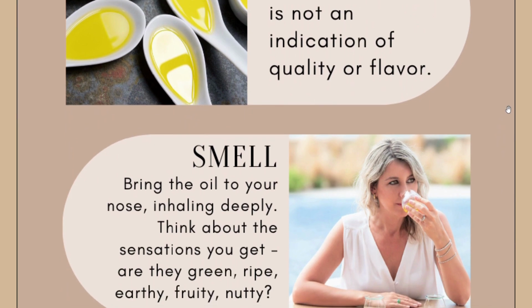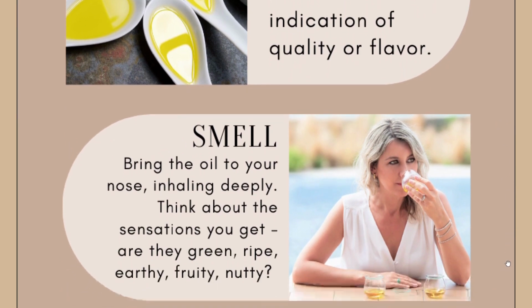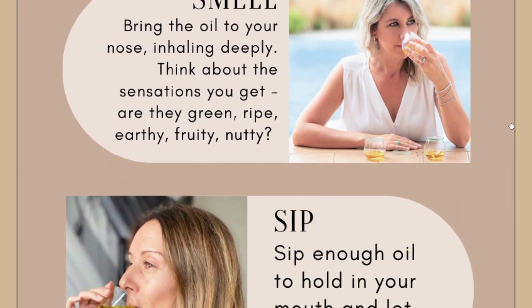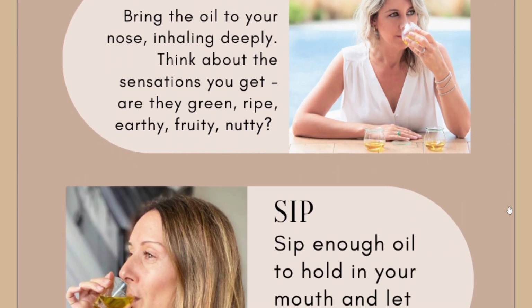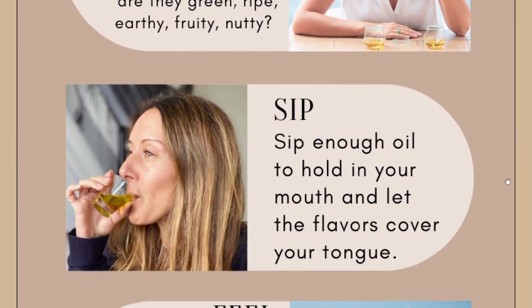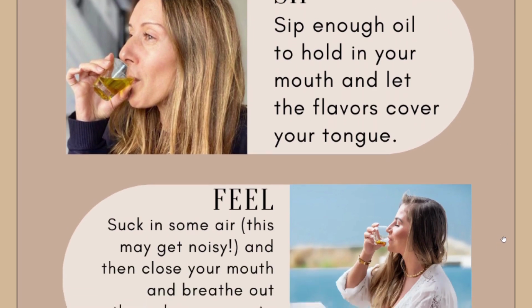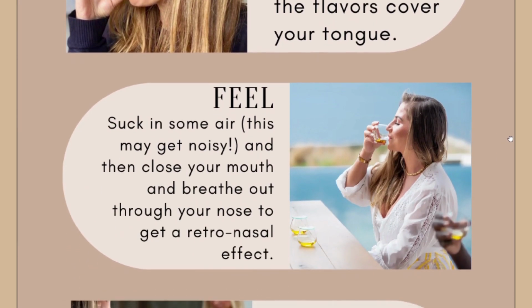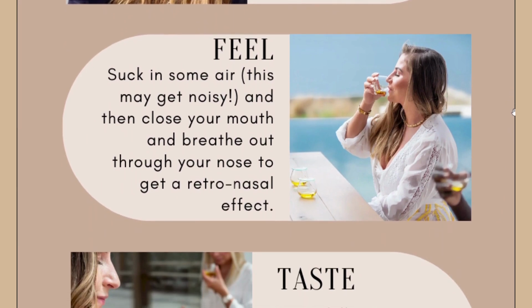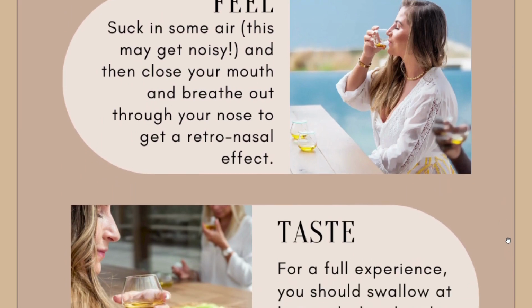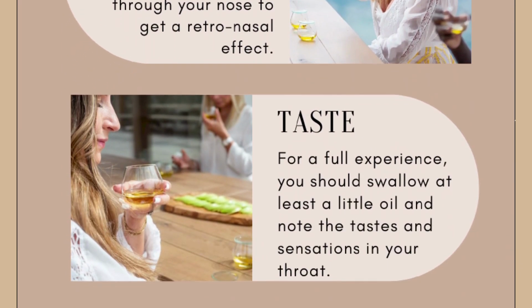This infographic is meant to help the new employee have a step-by-step visual representation of how to taste olive oil properly that they can always reference. Now, this is an activity that they will also do during training in person as well. So it is kind of a job aid of sorts.